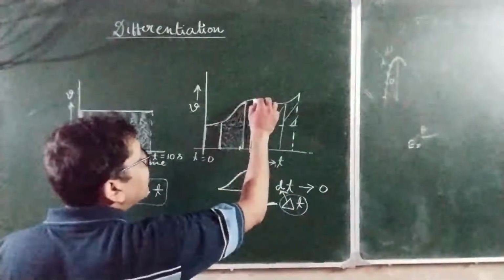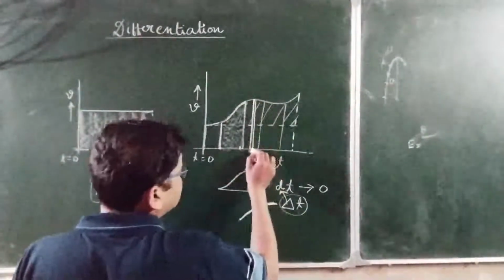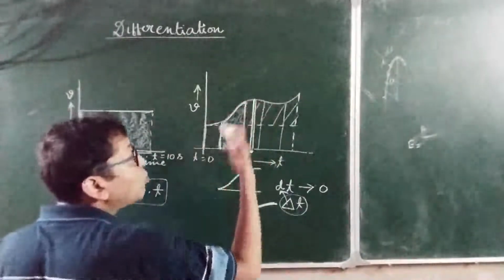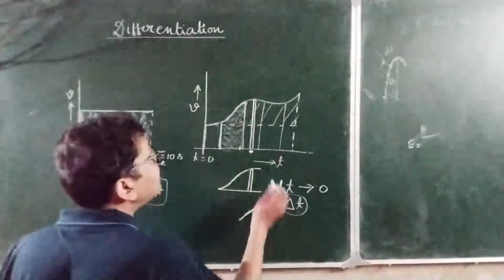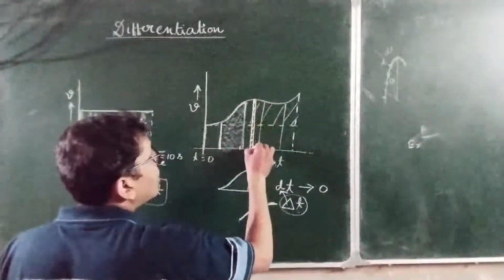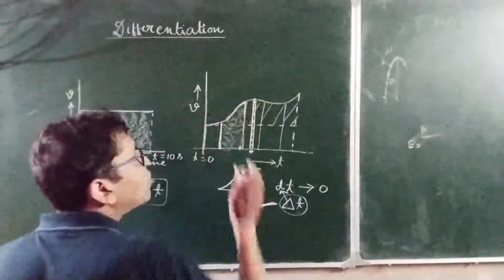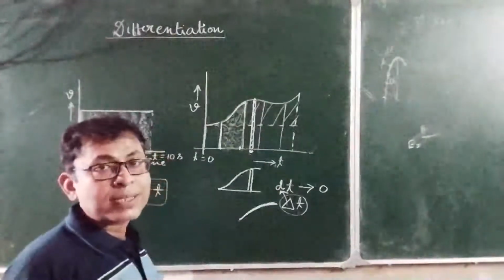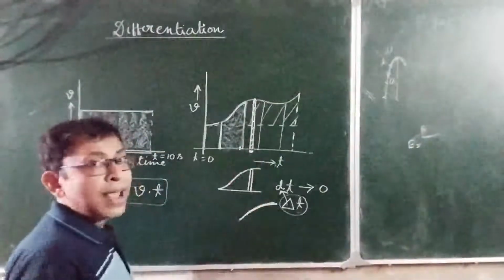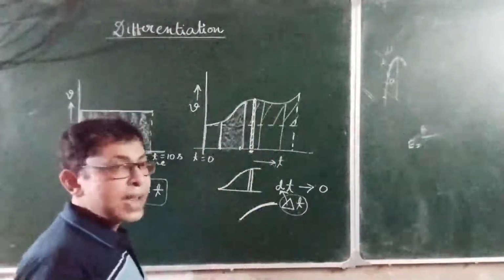Now when this small part is extremely small, the top part is almost flat, then you can consider this as a rectangle. Now there is no problem, because the curvature of the top part cannot be recognized as a curve, so it is almost flat. So you can take it as a rectangle and you can find its area. How?